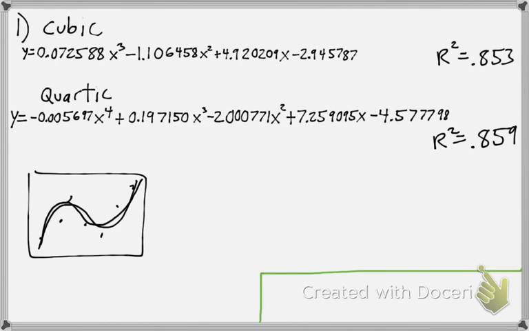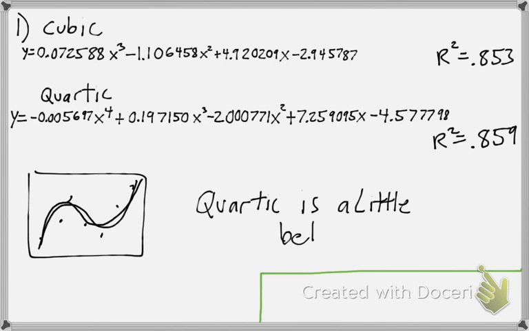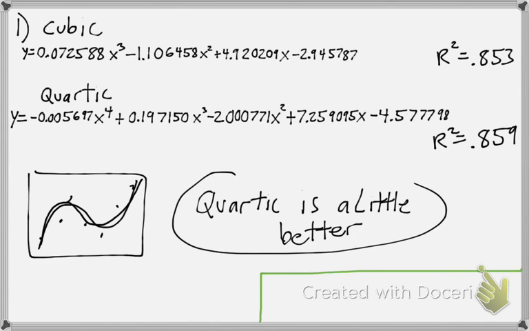They're almost the same, but the quartic is a little bit better. Again, looking at the r values, or the r squared values, the closer they are to 1, the better it is.